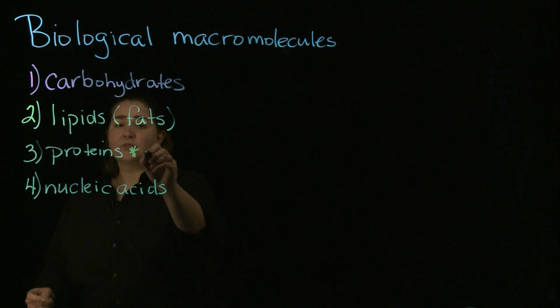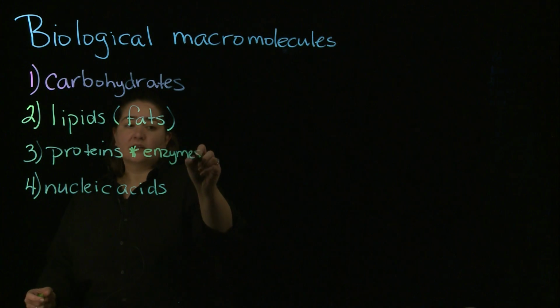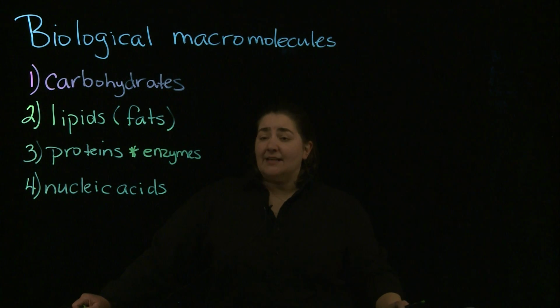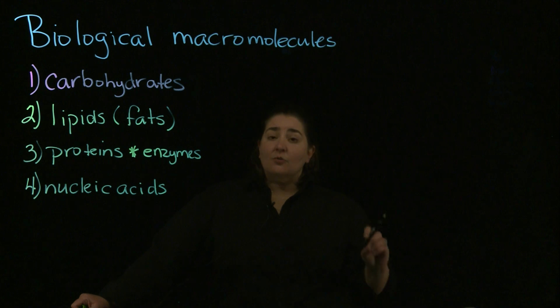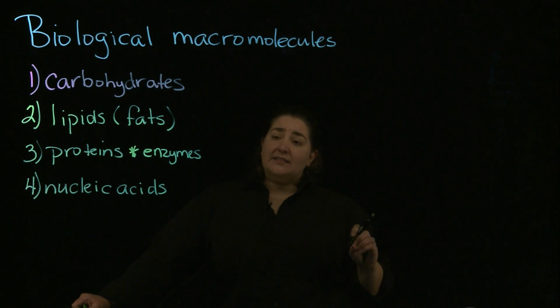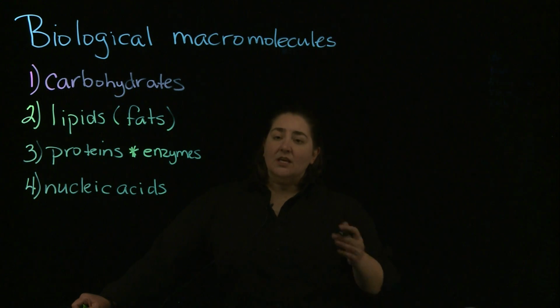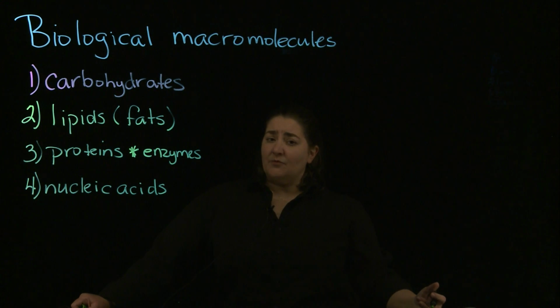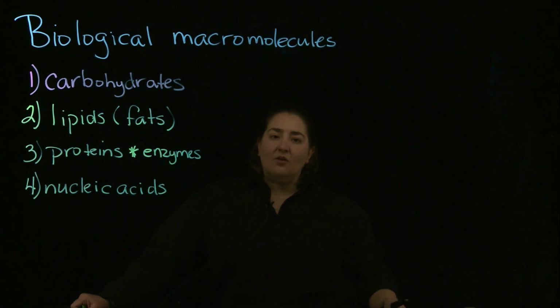Because with those proteins, essentially that's what our enzymes are going to be. Our enzymes are proteins. Those enzymes are going to run a lot of the chemical reactions. We're also able, with bacteria, to use the enzymes that those bacteria produce in order to identify the type of bacteria that we have. Nucleic acids, always important.